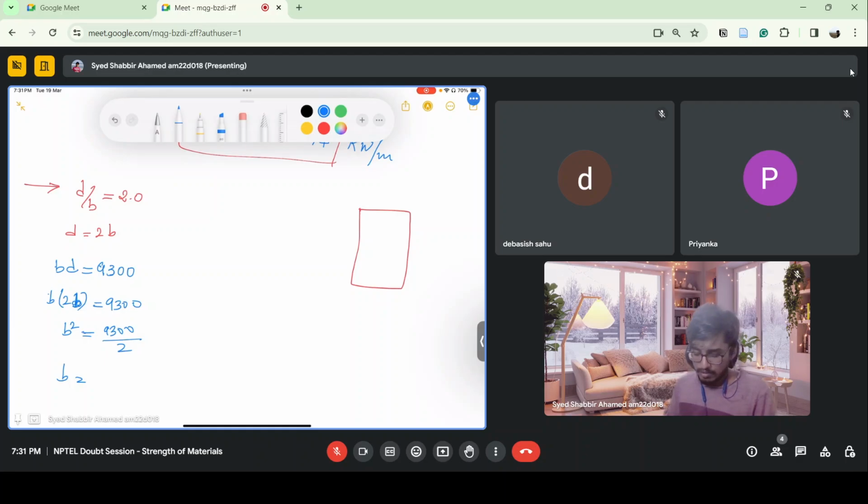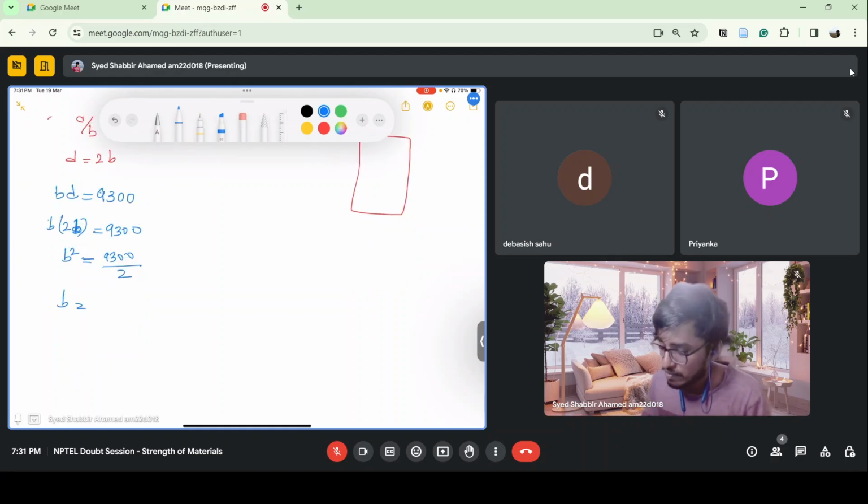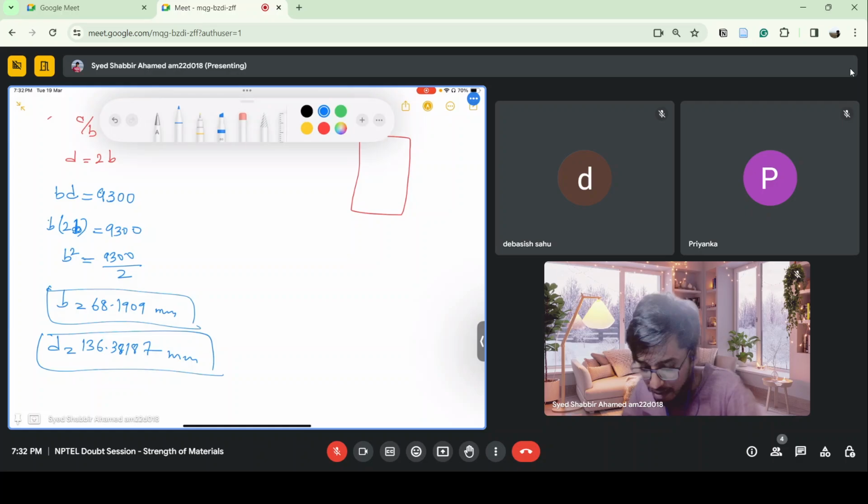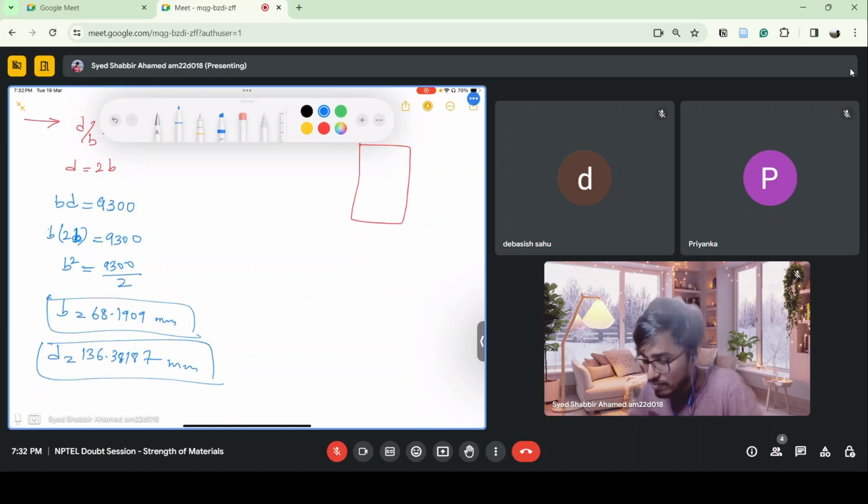So B will be 68.1909 mm, and D will be twice of this, 136.3818. These are the dimensions of the cross section.